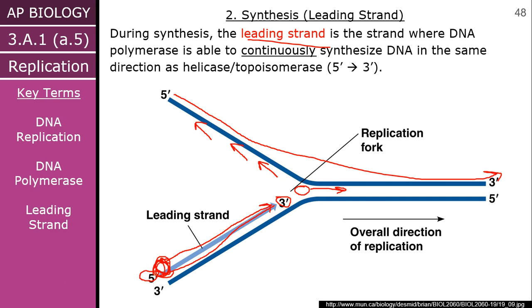Because right here, the DNA polymerase can just follow behind the helicase. But in the top strand, so the top strand in this case is what we would call the lagging strand. Okay, if this is the leading strand being formed at the bottom, this top one is going to be the lagging strand. That one has to be done in pieces.